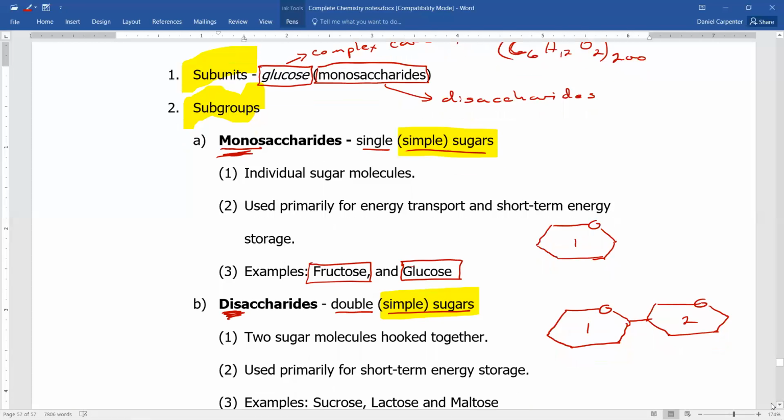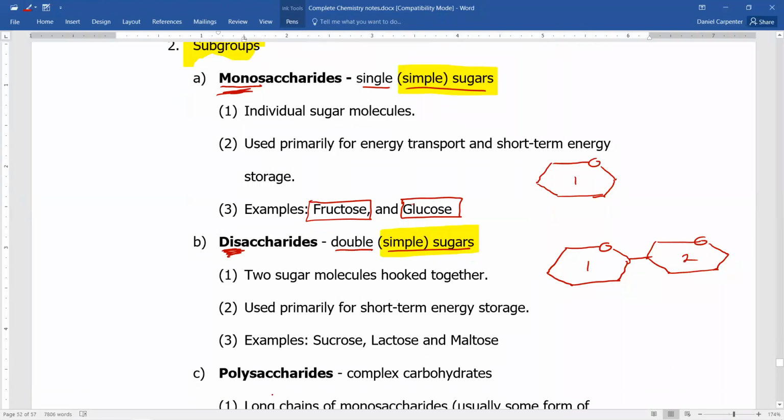Why are they simple? Because the polysaccharides, the complex carbohydrates, have hundreds of these hooked together in their chains, not 1, not 2.